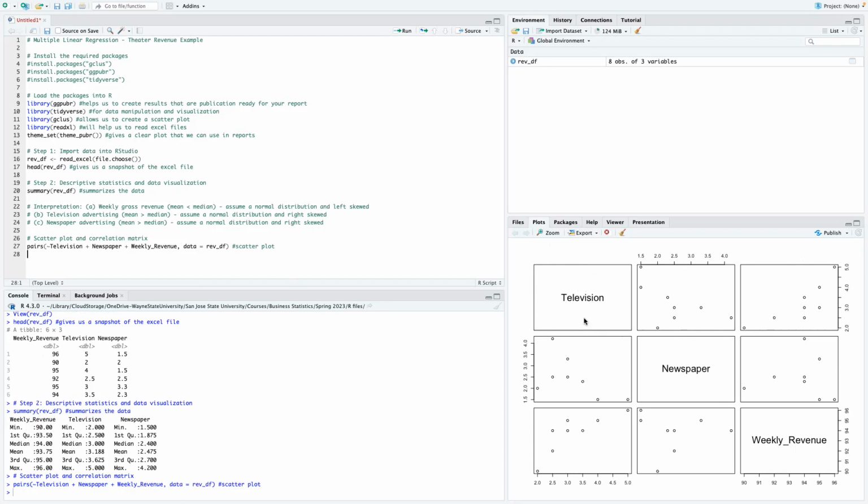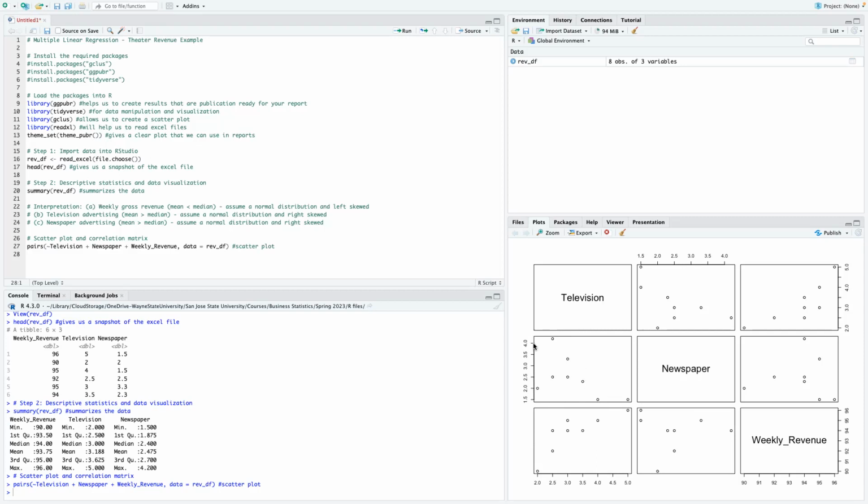And the last one here is television against weekly revenue. So here, television is on the x-axis, right? And then weekly revenue is on the y-axis. Or here, television is on the x-axis, and then newspaper is on the y-axis.